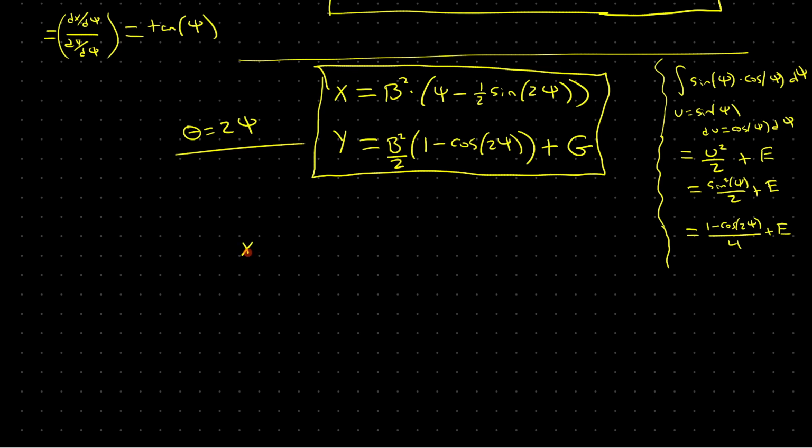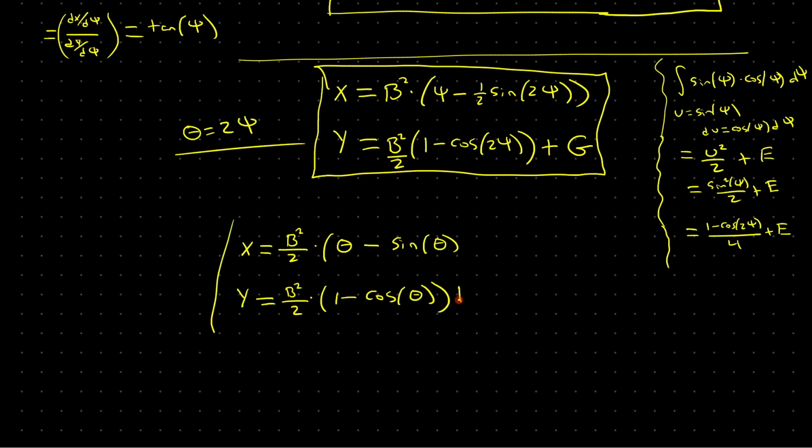and so you have x is equal to b squared over 2 times theta minus sine of theta, and y is equal to b squared over 2 times 1 minus cosine of theta, plus g.